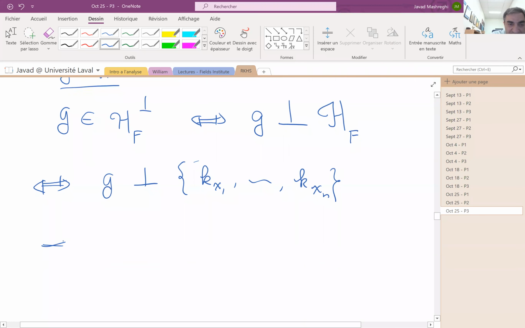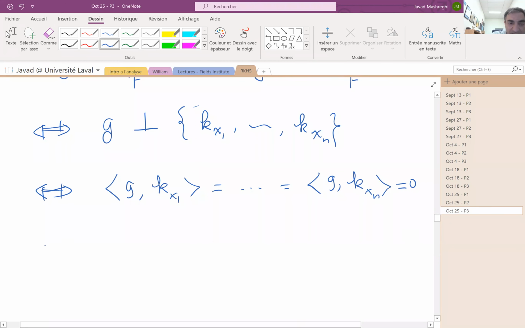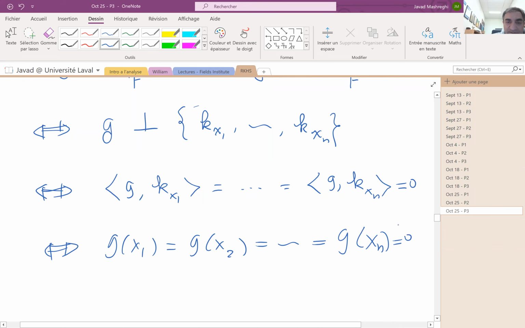And this means that G inner product with Kx1, G inner product with Kxn, all of them equal to 0, and more concisely, G at point x1 is equal to G at point x2 is equal to G at point xn equal to 0.